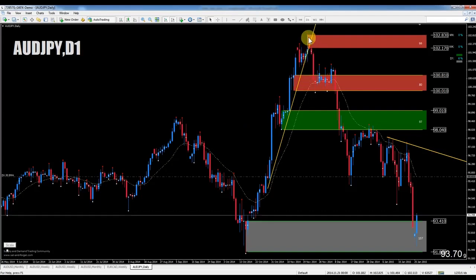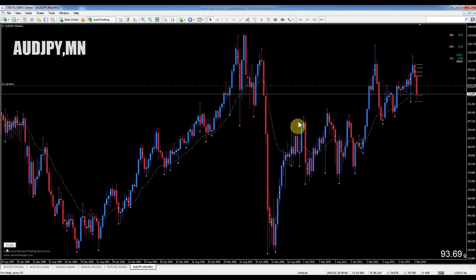Now let's see why price reacted to that area. It doesn't always happen like that, but most likely. If we are using the monthly, weekly and daily time frame combination for our position type of trade sequence and realignment, then we will switch to the monthly and see what we have here.